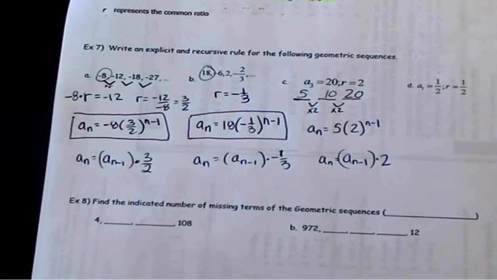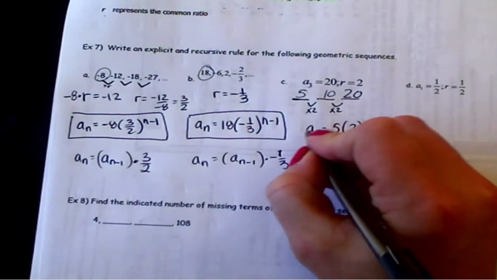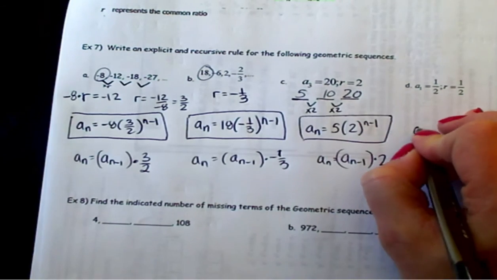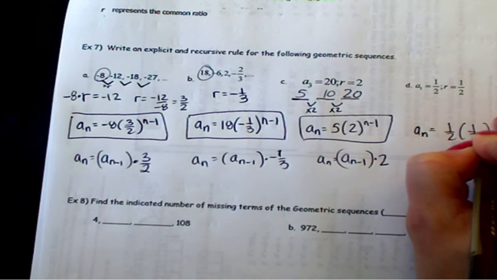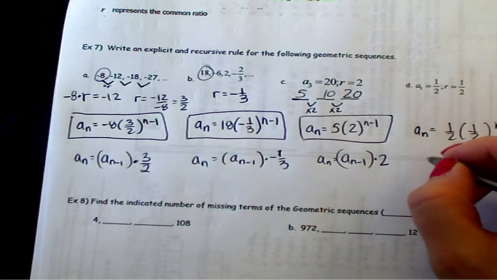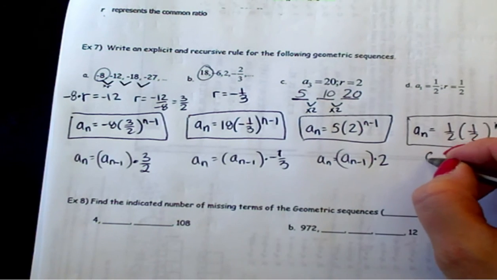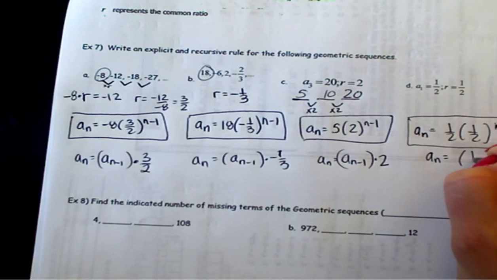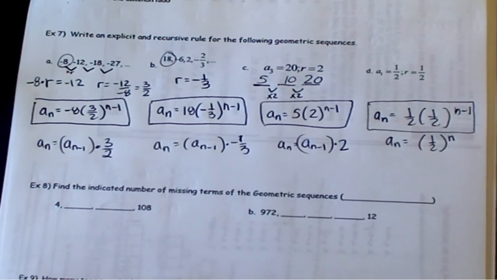Okay. Last one. A sub n, first term, ratio, n minus 1. I'm going to write this because I remember my exponent rules.